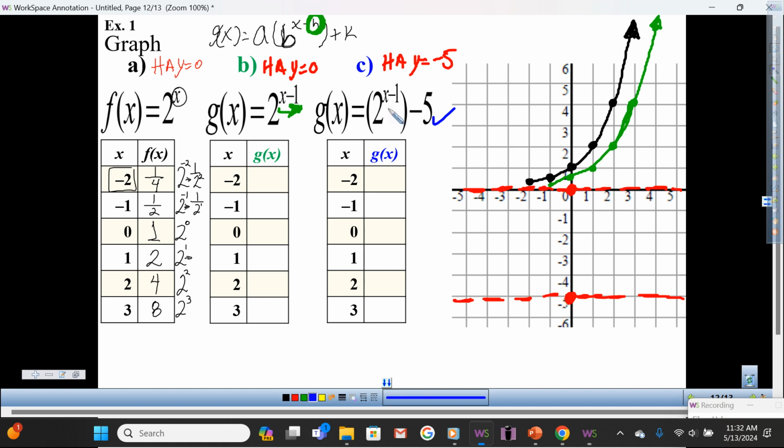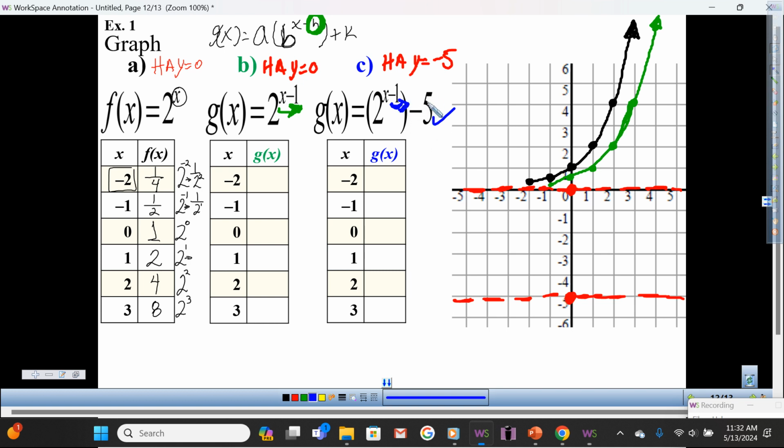What else do we do, Jacob? Down 5 and then? 1 to the right, that is correct.